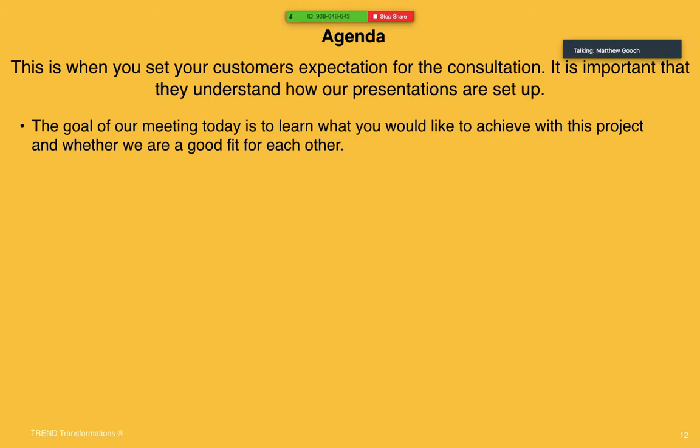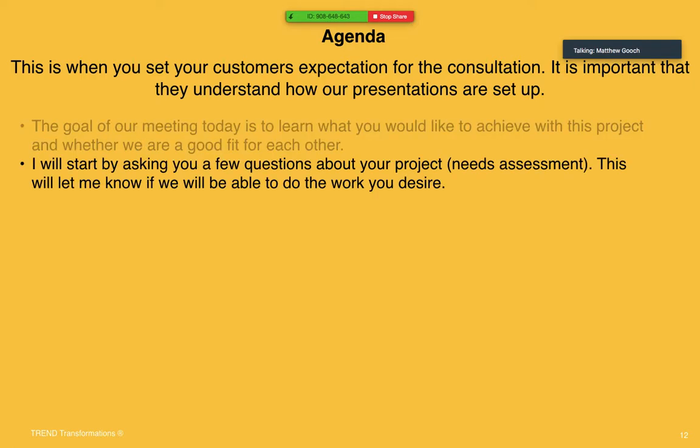So you want to start by saying, the goal of our meeting today is to learn what you would like to achieve with this project and whether we're going to be a good fit for each other. Not whether I can sell you something, it's whether we're going to be able to fill your needs and whether you want those needs from us. So I'll start by asking a few questions about your project. That's the needs assessment, which we covered in a previous call that's on YouTube.